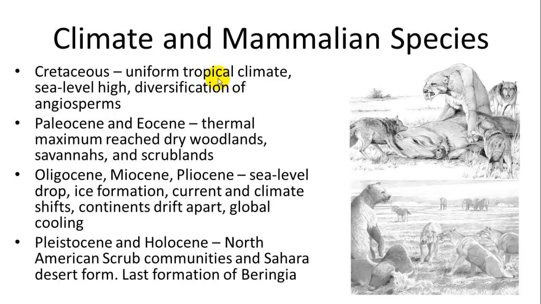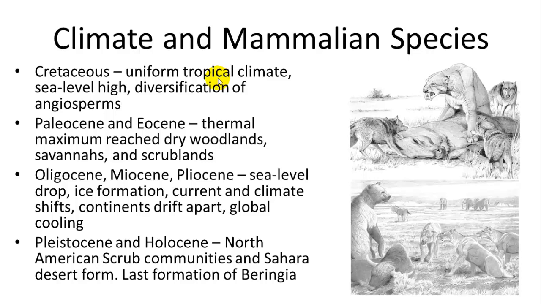In the Paleocene and Eocene, now with each of these, you also have shifting of the continents, which allows for more different climates to affect the speciation of mammals. So in the Paleocene and Eocene, that's where the Earth reached its last thermal maximum. So at this point, the Earth was hotter than it's been since that time. And you had the development of a diversification of different types of biomes. So now we had dry woodlands, savannas, and scrublands, which started to appear.